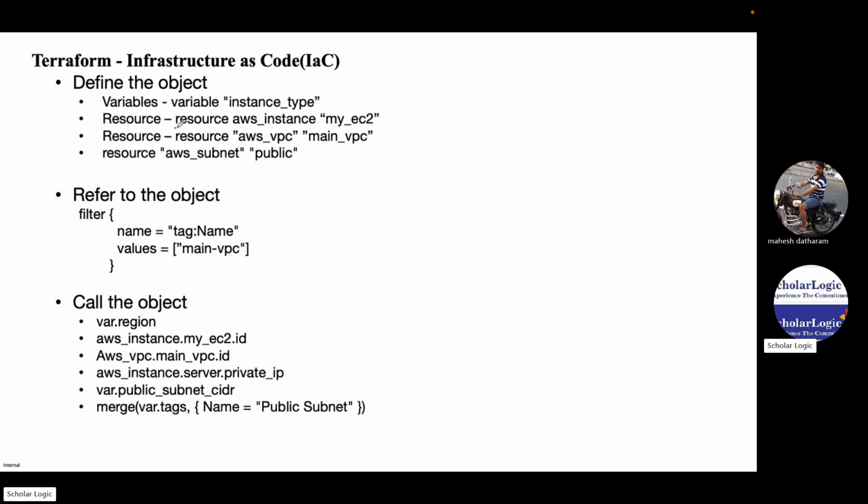If you are creating a resource aws_instance, my_ec2 is your name, like that. The first one is without any double quotes, the second one is with double quotes, and the third one, whatever name you define, is again with double quotes. You should become very familiar with this format after writing it for 2 to 3 days.